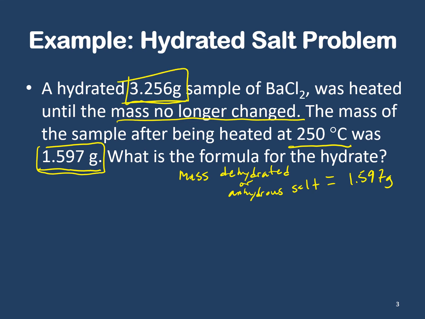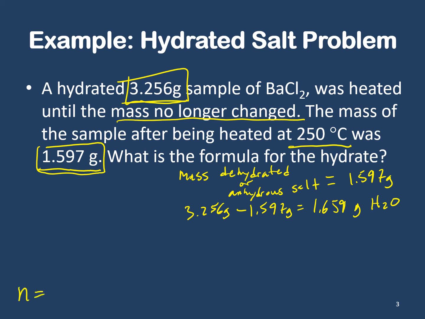So if I subtract these two numbers, I'll get the mass of water that was originally in the hydrated sample. So 3.256 grams minus 1.597 grams gives me my mass of H2O in the hydrated compound. And I get that we have about 1.659 grams of water.